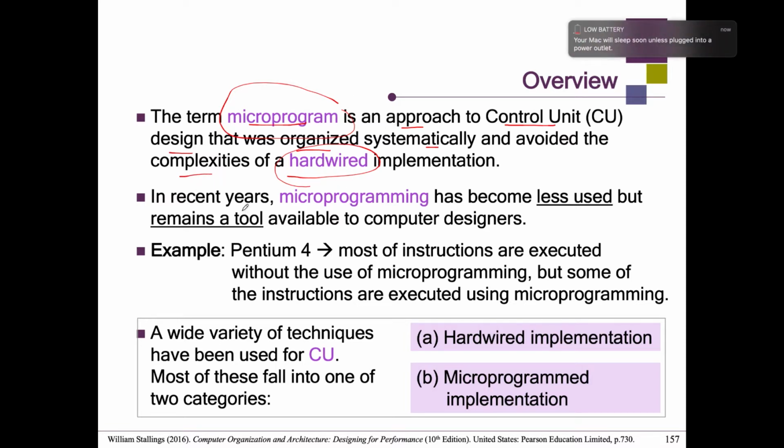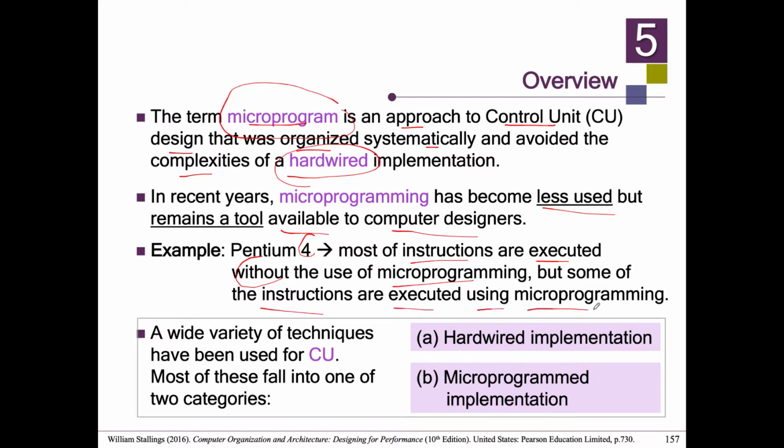In recent years, microprogramming has become less used but remains a tool available to computer designers. For example, in your Pentium 4, most instructions are executed without the use of microprogramming, but some of the instructions are executed using microprogramming.